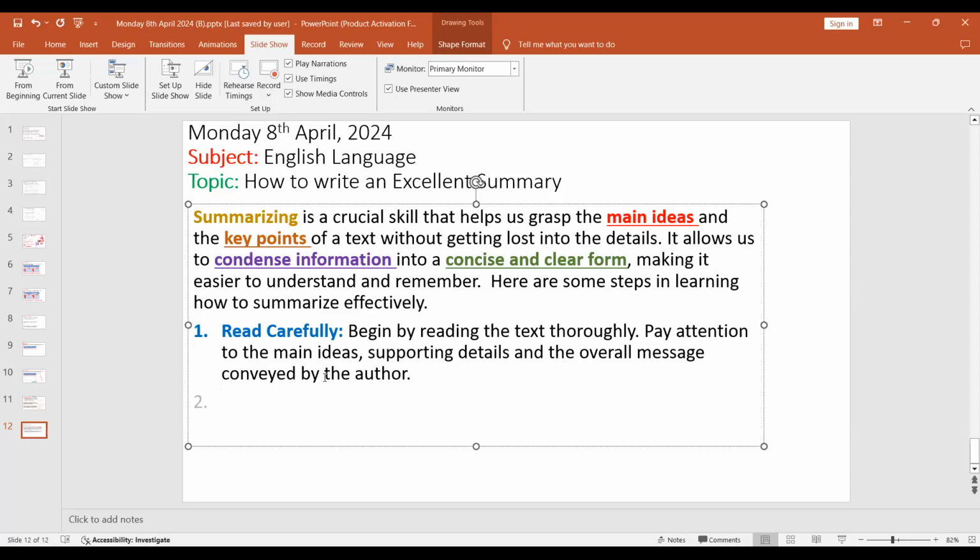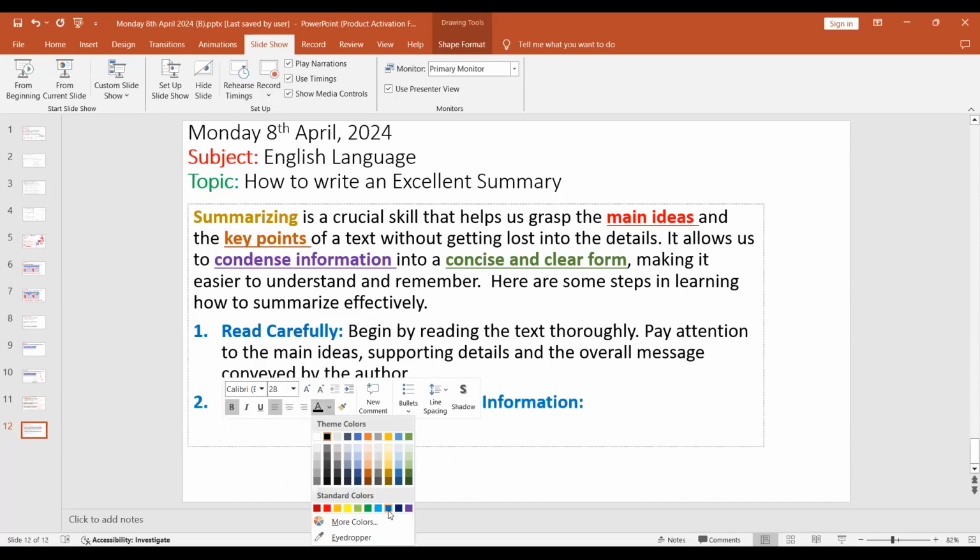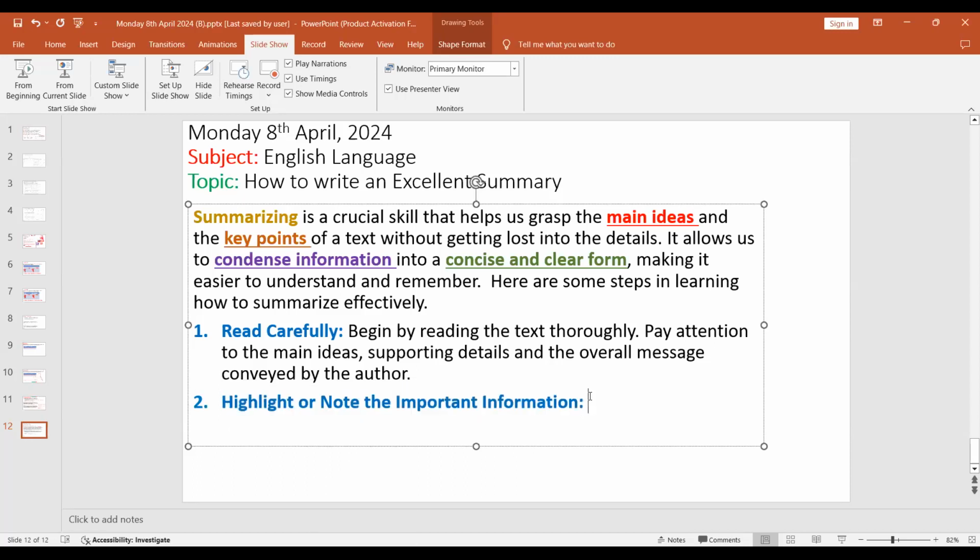highlight. So when you're reading, you want to highlight or note the important information. So you read trying to get a sense of everything, but you want to highlight or note the important information for your own use, so that when you do the summary, you could be able to tell them exactly what is the most important information.